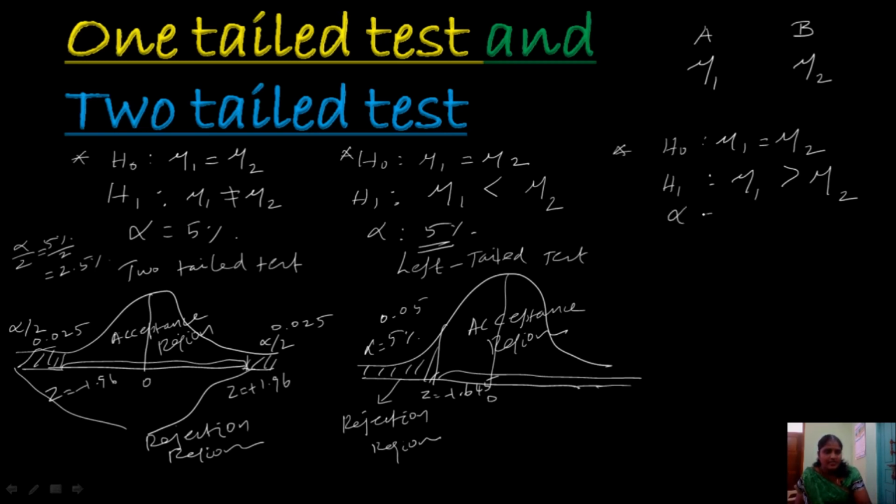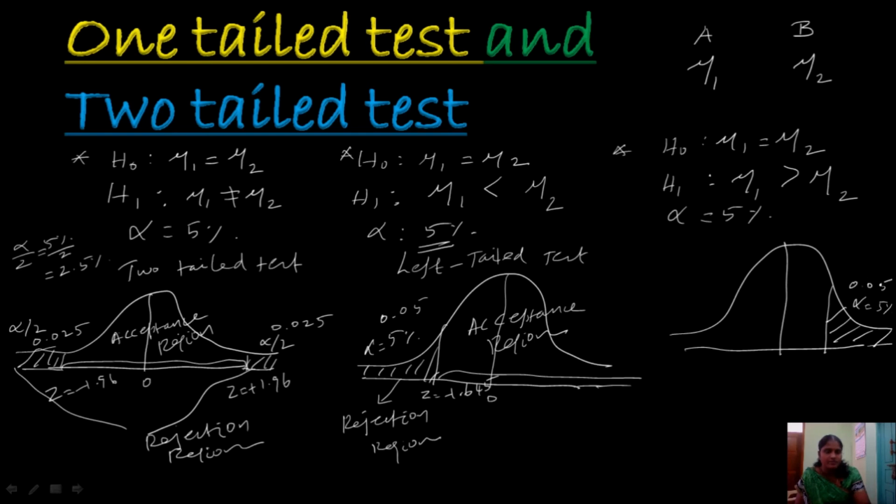Here I take the level of significance alpha as 5%. If it is like that, this falls in the right tail of the normal curve. That means the rejection region falls on the right hand side. That is alpha equal to 5%, that means 0.05. So if the value of Z falls in this region, we accept the null hypothesis.